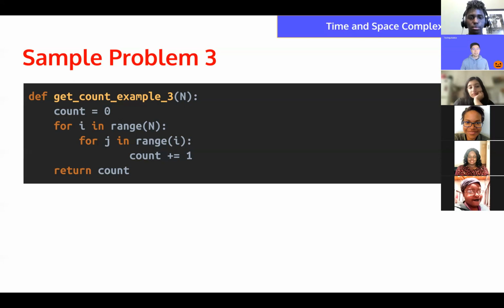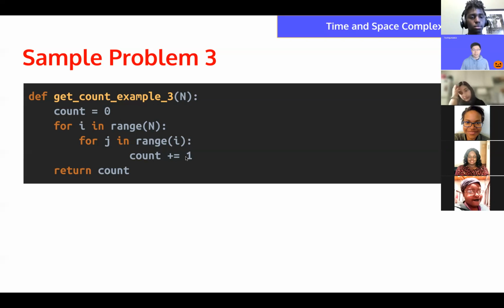So it gets skipped over. But in the next run, i is going to be set to 1, and now the inner loop goes from range 0 to 1, so it counts the 0 element. The inner loop actually runs, and the count is incremented by 1.